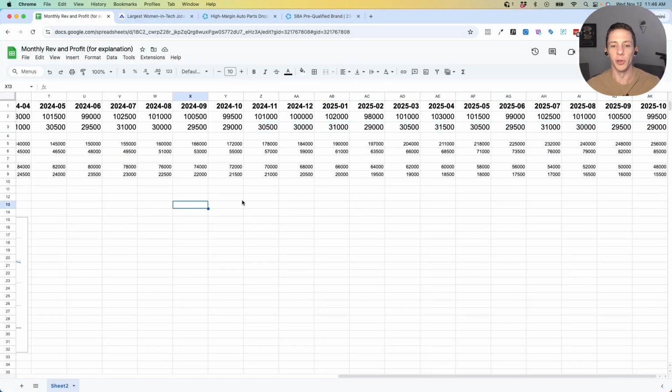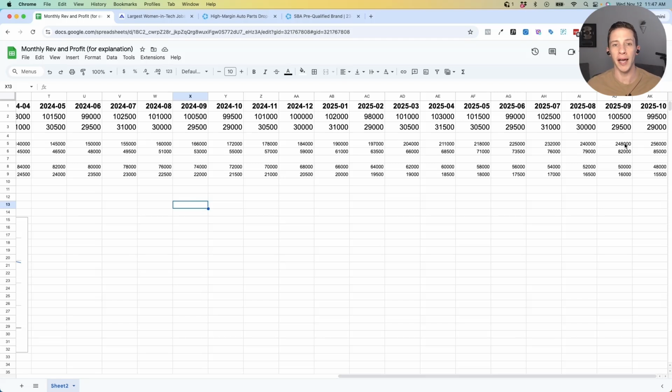This is sample data reflective of the information on financials that you would get after you sign an NDA and you get the SIM and the packet of information, and typically an Excel spreadsheet. It has the revenue and profit month by month for the business.